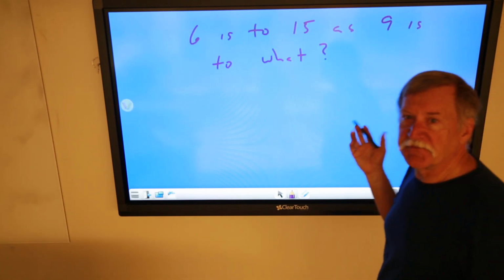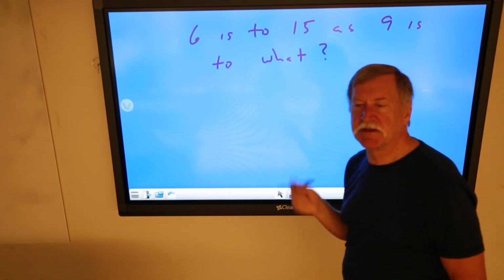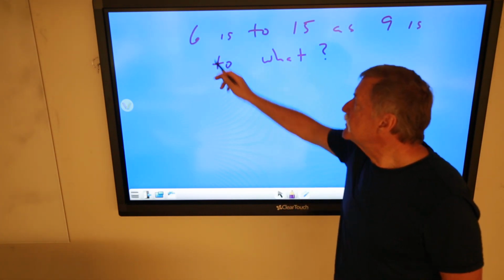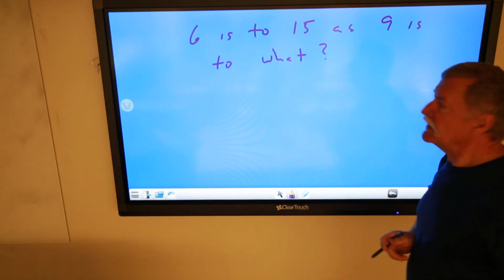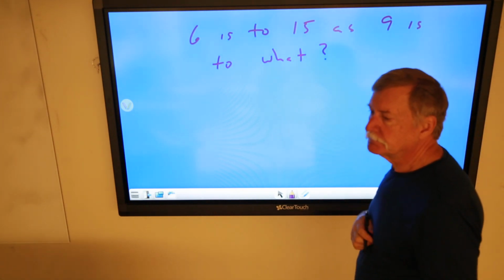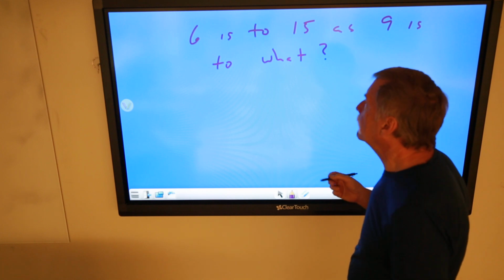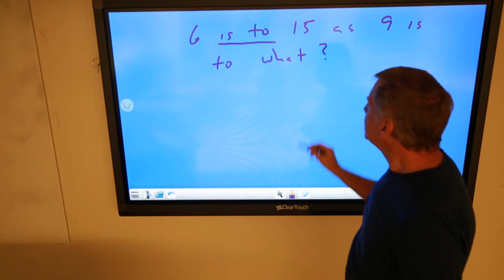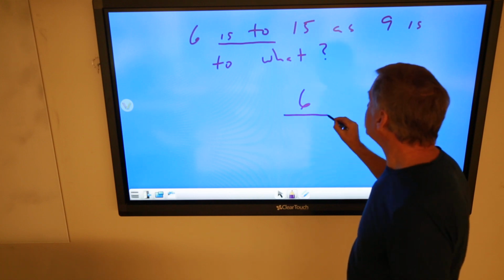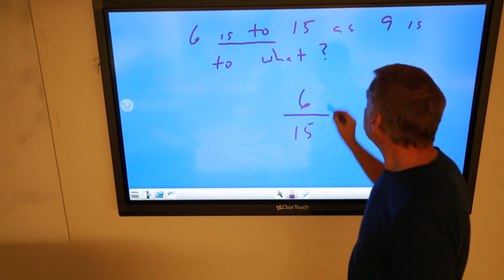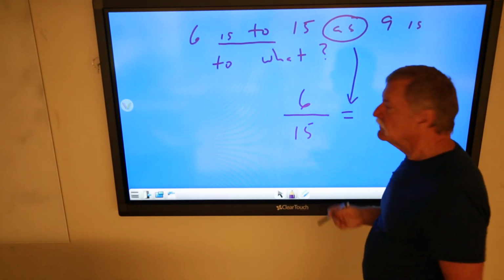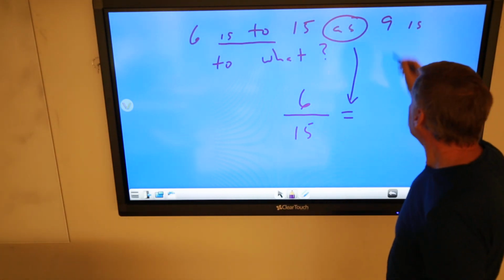Now here's another type of implied ratio problem that you see in things like the SAT test when you're trying to go to college. You see, 6 is to 15 as 9 is to what? Well, it's an implied ratio. The phrase "is to" says 6 is to 15, and "as" is an equal sign, which goes with 9.